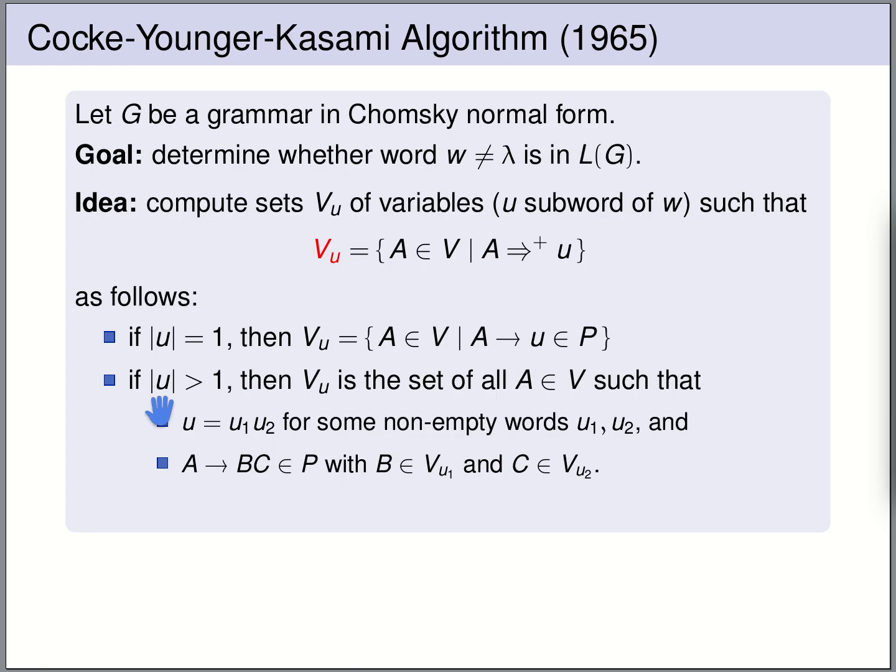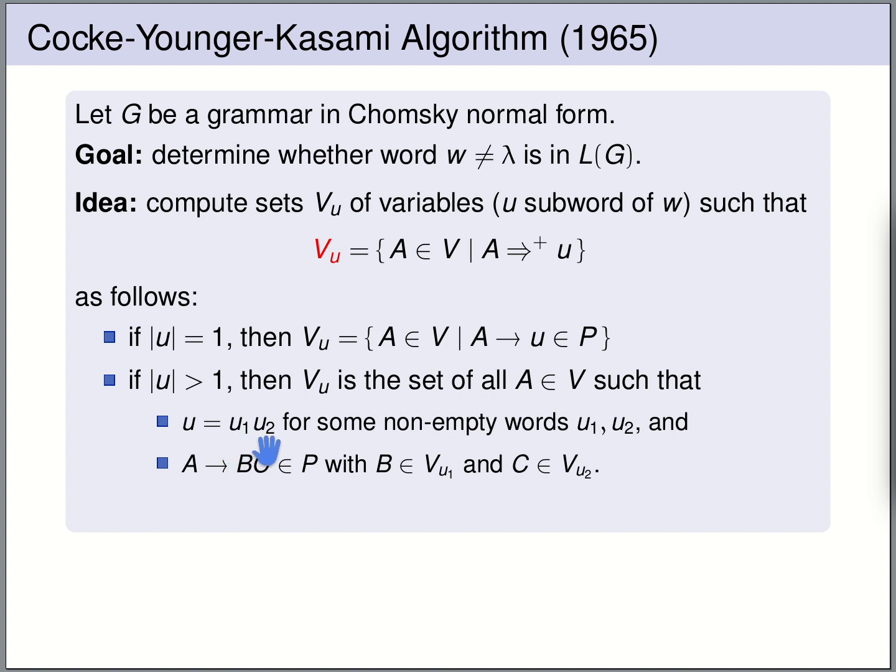If U is a word that consists of 2 or more letters, then the set V_U consists of all variables A for which the following holds: first, we can split the word U into 2 parts, U1 and U2.